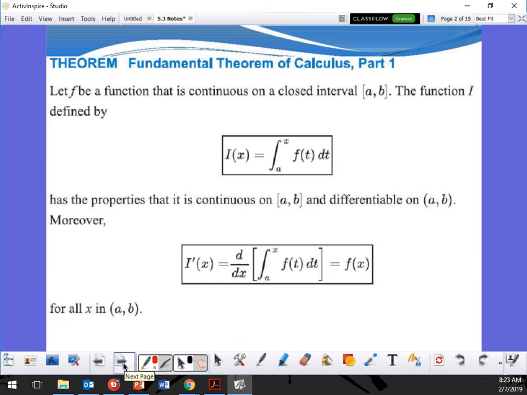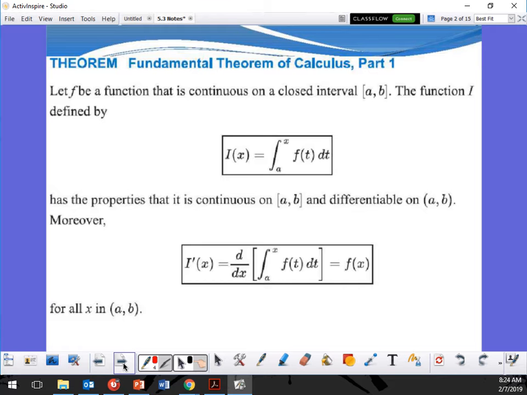All right, so let f be a function that is continuous on a closed interval from a to b. The function I is defined by the integral from a to x of f of t dt. So what does that mean? In terms of t, in this case we would say time, right?